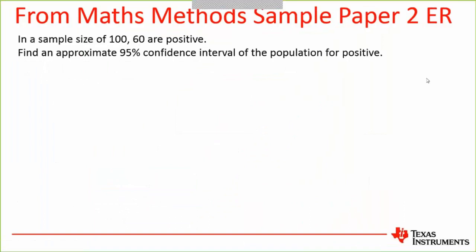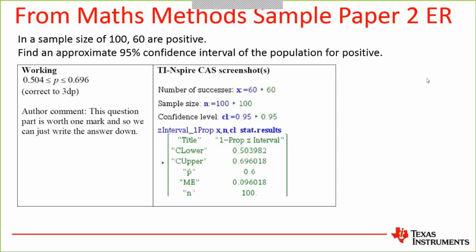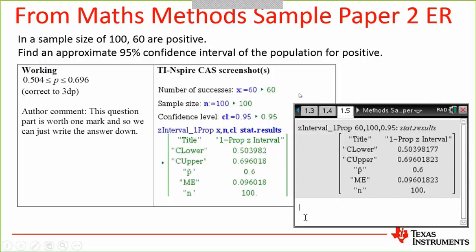Just quickly, here's another handy one. This was a one-pointer, I think, on this paper. Sample size of 100, 60 positive, find an approximate 95% confidence interval. So it's the actual interval that we were to find. And this, once again, was set up in a notes page, and this is what it looked like on my calculator. I'll just quickly show you where I got that on the calculator.